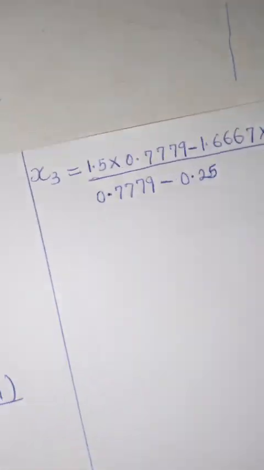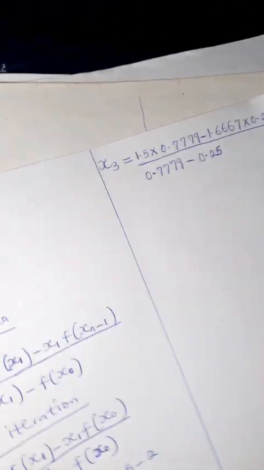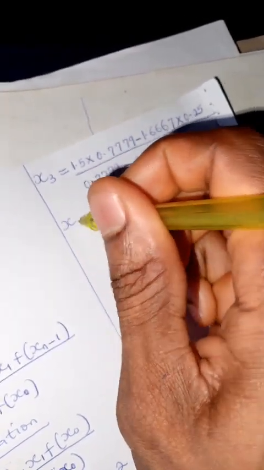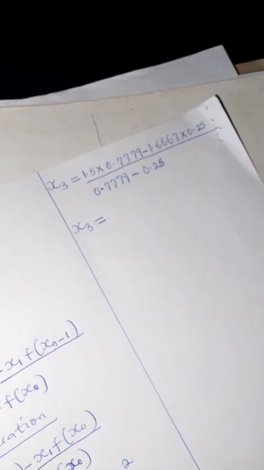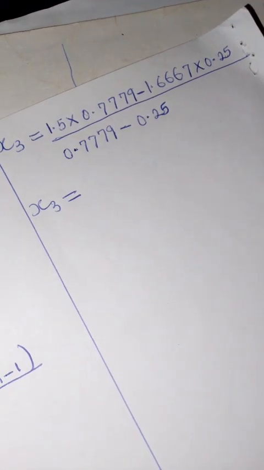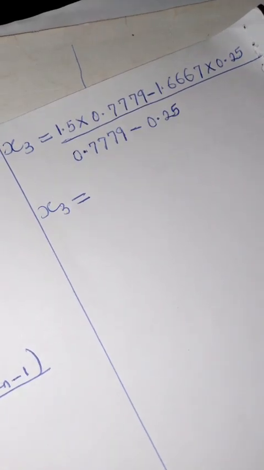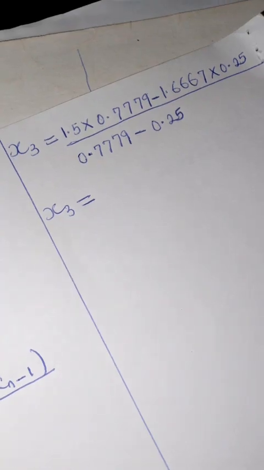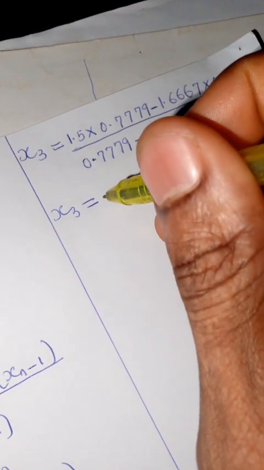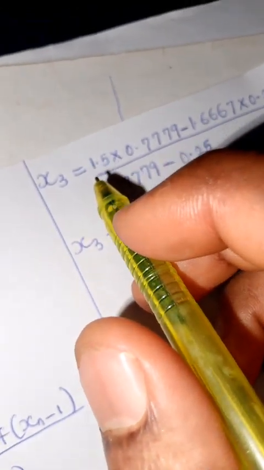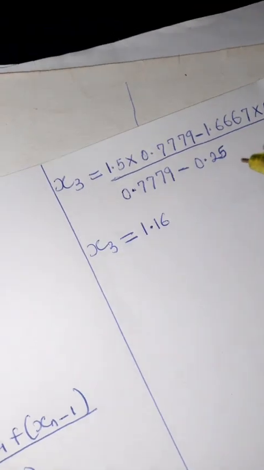Now let's solve this, such that x3 equal to, now 1.5 times 0.7779. This will give us 1.1669. Remember, we're working with four decimal places.